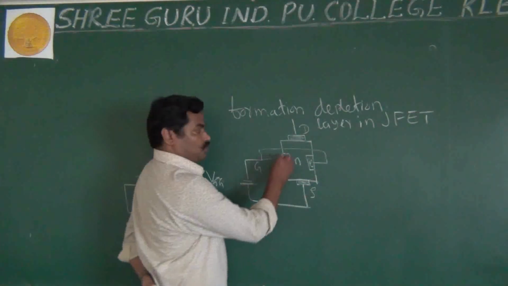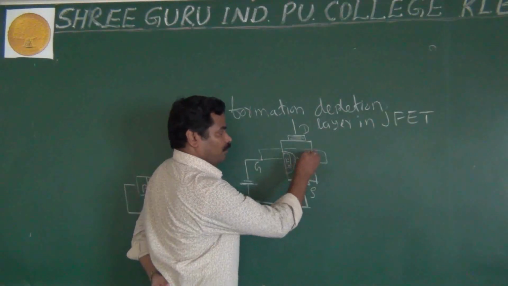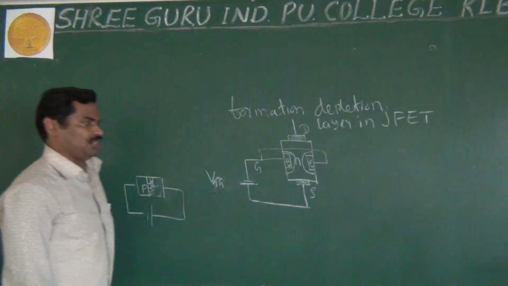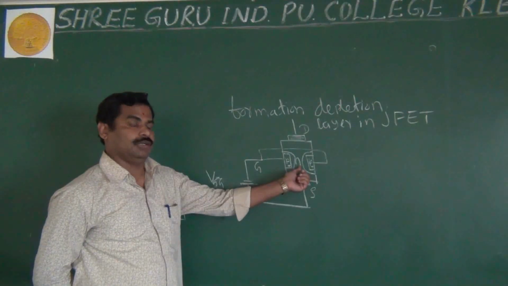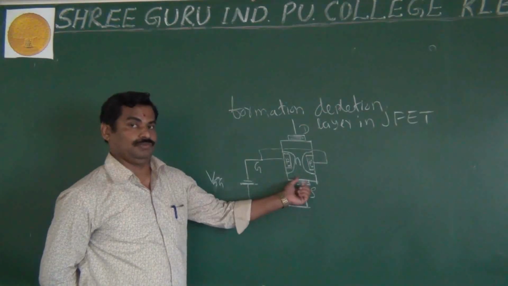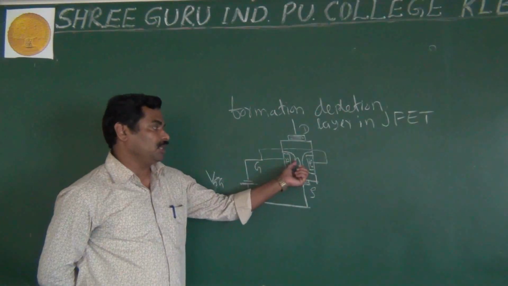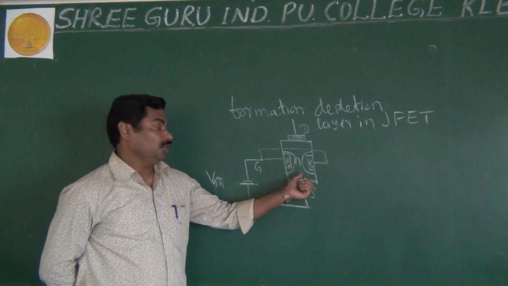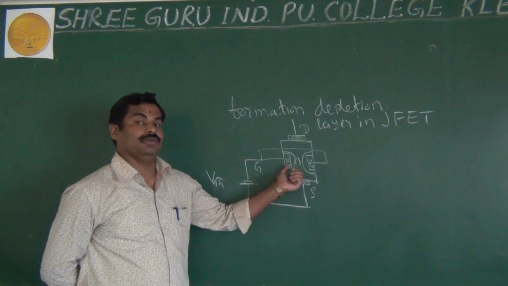It means the depletion layer is moving towards the N-type semiconductor. Why? Because you studied in first year, always the depletion layer moves towards where it is lightly doped. It is not moving towards where it is heavily doped. The depletion layer is not moving towards the P side, but it is moving towards the N side because the N side is lightly doped as compared to these two P side of the material.